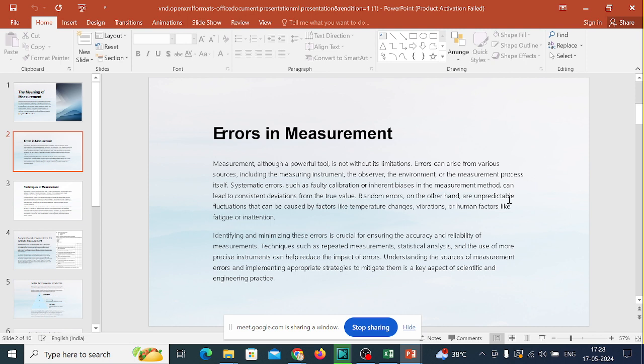Do you know why? Because the measurement of gold can fluctuate with the environment, with the temperature, with the room temperature, with the ACs, with the fan and all.